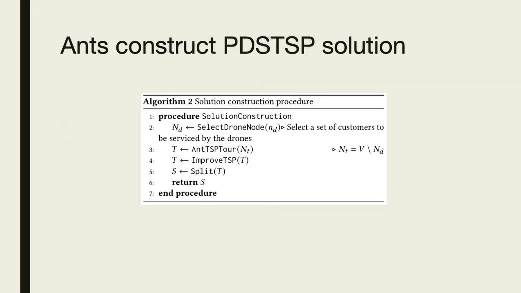Starting with the solution construction process, which collects all of the initial solutions for the problem, the pseudocode is presented on the slide. It begins with the process select drone node, whose purpose is to partially select a subset of customers to be serviced by the drones.